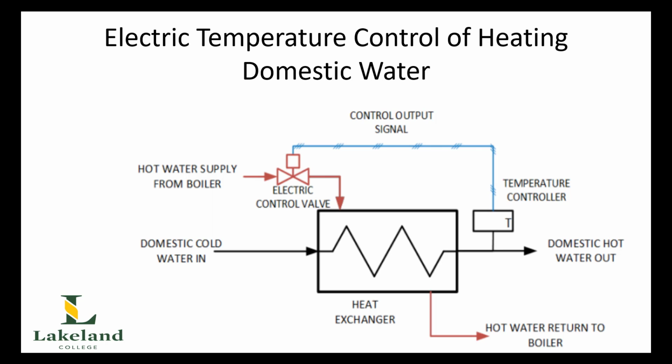Now this temperature controller, while it's both the sensor and the controller, is acting very similarly to the thermostat that we looked at in our previous example. The difference here is that this would be a modulating temperature controller in that it can vary between a minimum and a maximum value. In other words, this temperature controller is basically a thermally operated potentiometer. That means it's basically an aquastat with a dial on the front of it that we can vary.